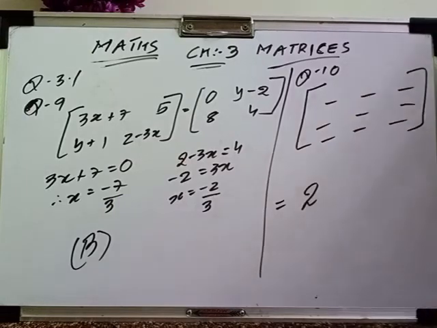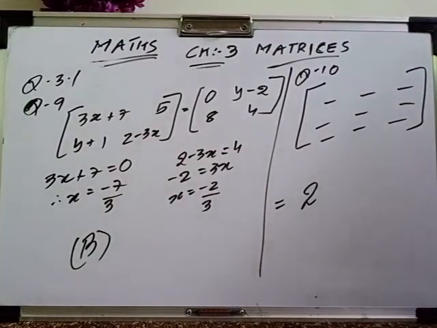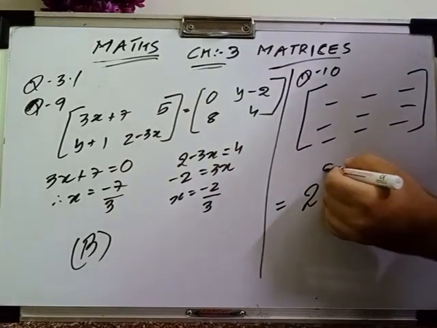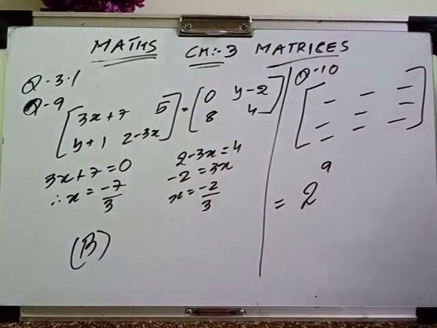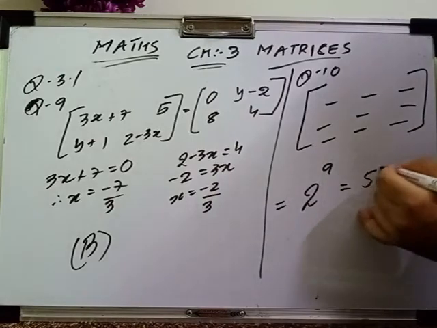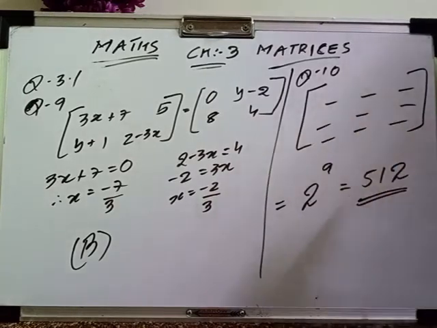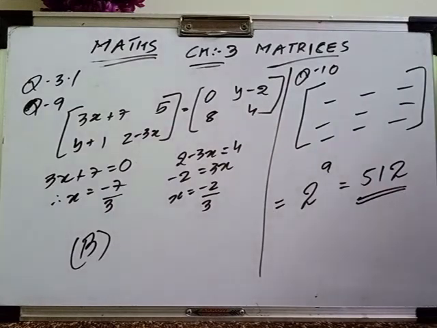So the total number of matrices formed can be 2 raised to 9, right, using the concept of permutation and combination. So there are 512 different possibilities, or 512 different matrices can be constructed using these conditions, that is the entry is 0 or 1.